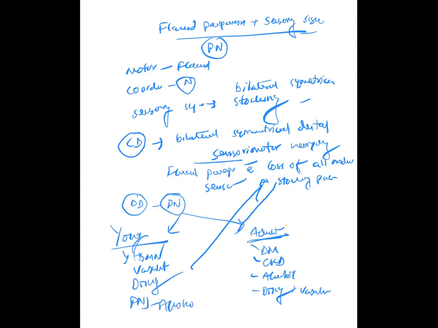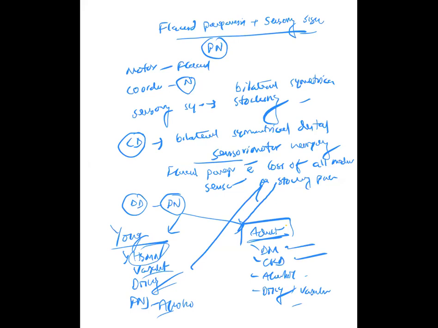So it will differ from patient to patient. So if the patient is young, I will say hereditary sensory motor neuropathy, vasculitis, drug, paraneoplastic. Then in case of adult, diabetes, CKD, alcohol, drug, again paraneoplastic syndrome, carcinomatous neuropathy. So all those things may cause a flaccid, bilateral, symmetrical, distal sensory motor neuropathy.